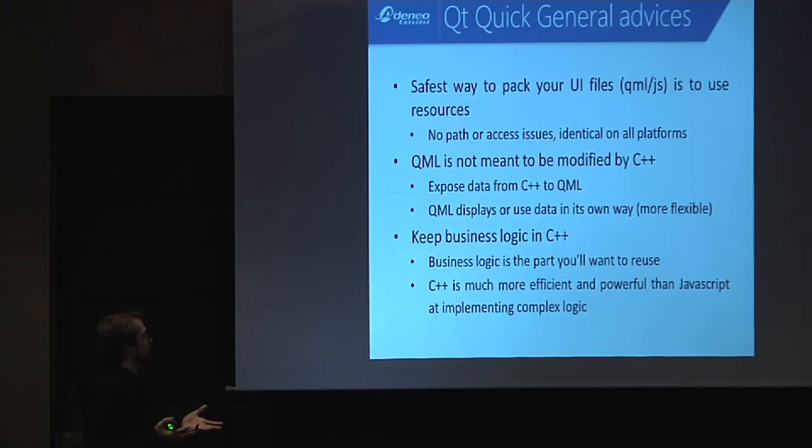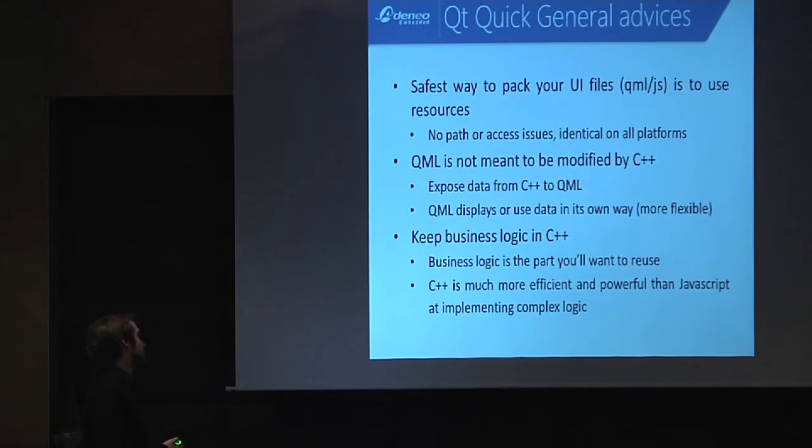The recommended way is to pick your data from the root context and update its values, but not modify the QML directly from the C++, because then if you change your QML, your C++ code will not work.